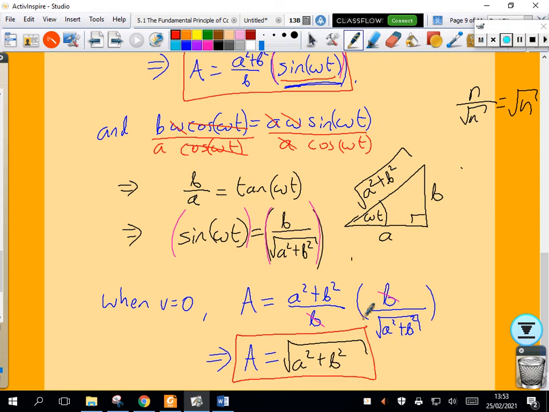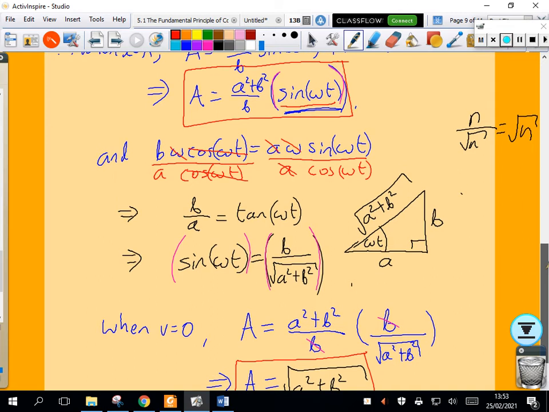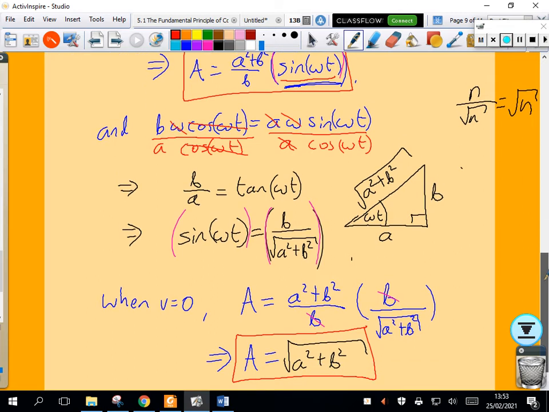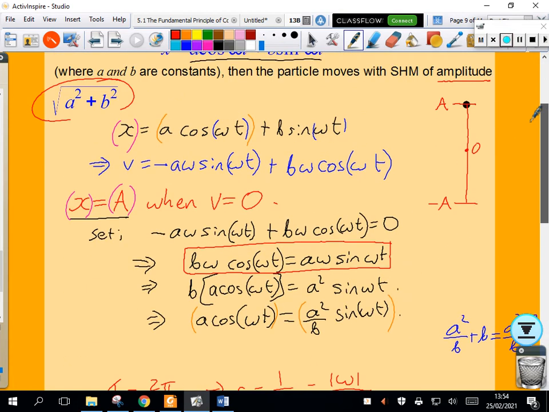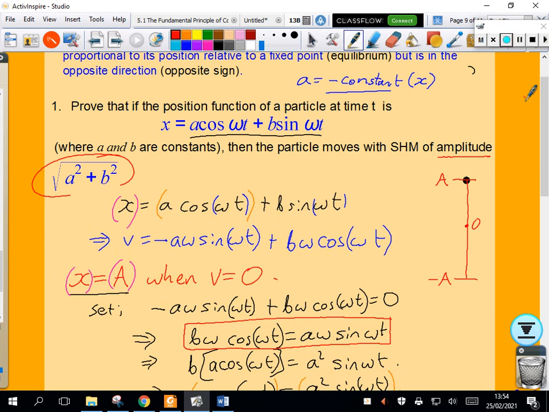Now, that's a little bit involved. However, it's well worth just learning this kind of thing off by heart. These position functions have come up on Leaving Cert papers before. The proof that they're moving with simple harmonic motion is pretty straightforward. The proof that their amplitude is that is a little more complicated.